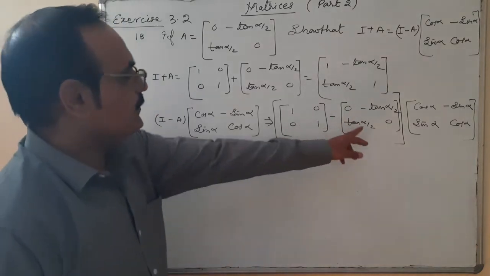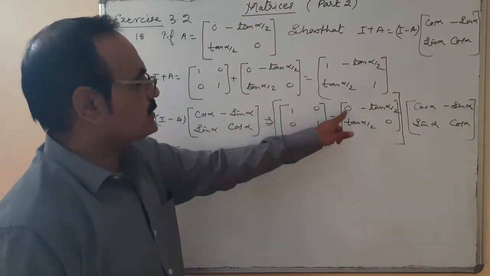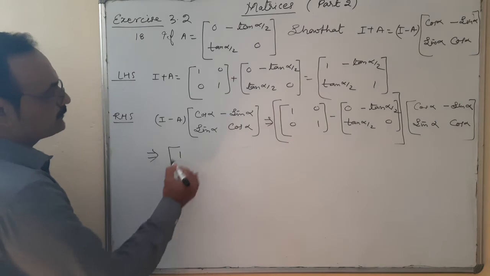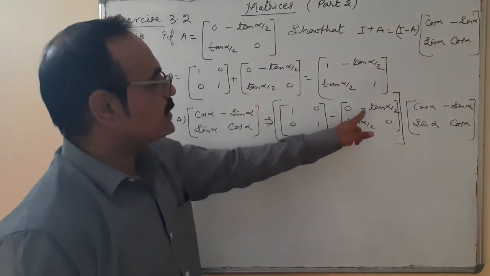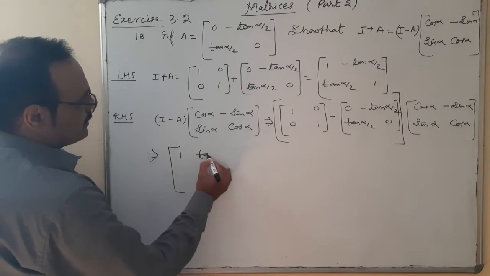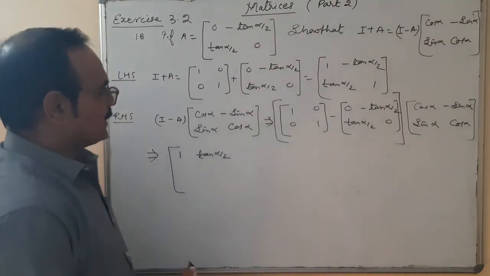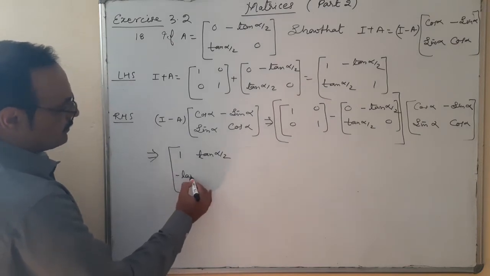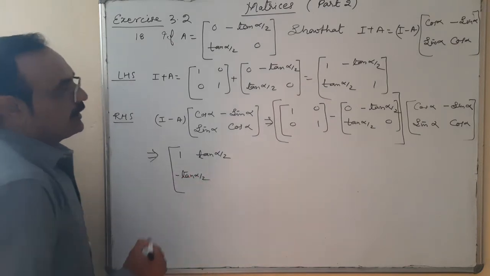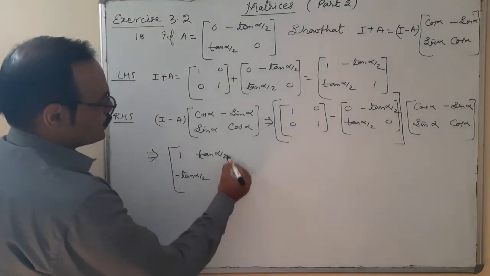Simplify this term. 1 minus 0, it is 1. 0 minus into minus is plus, 0 plus tan alpha by 2, tan alpha by 2. It is 0 minus tan alpha by 2, minus tan alpha by 2. And 1 minus 0, that means it is 1.